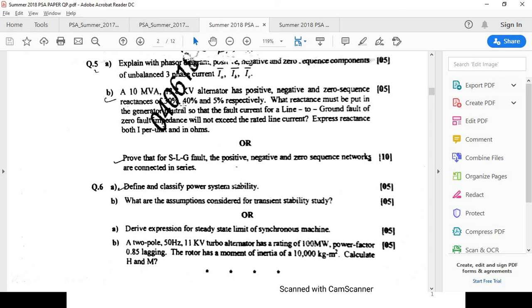See, the line to ground fault is an example of unsymmetrical fault analysis. And what we have to do is calculate the reactance. What reactance must be put in the generator neutral so that the fault current will not exceed the rated line current? Express the reactance both in per unit and in ohm form.